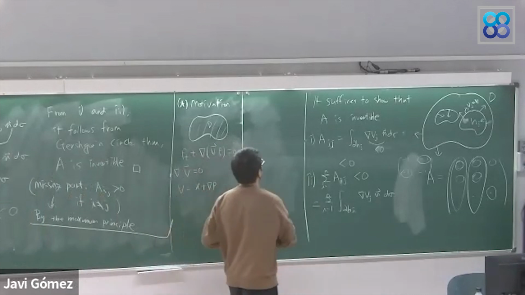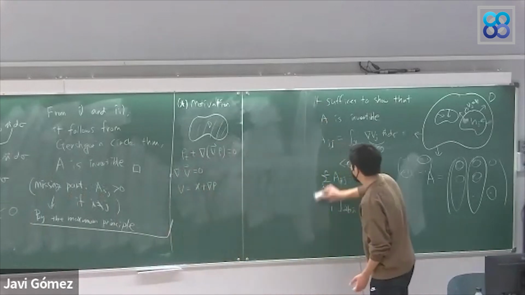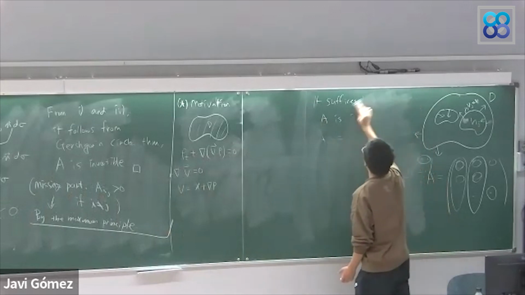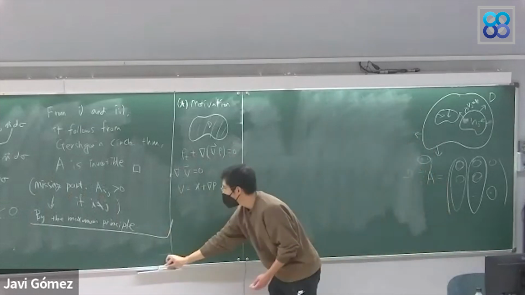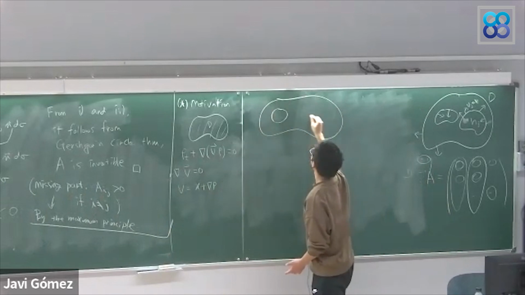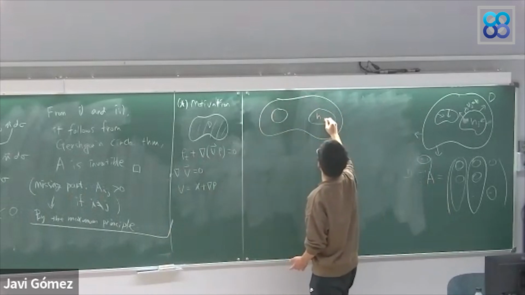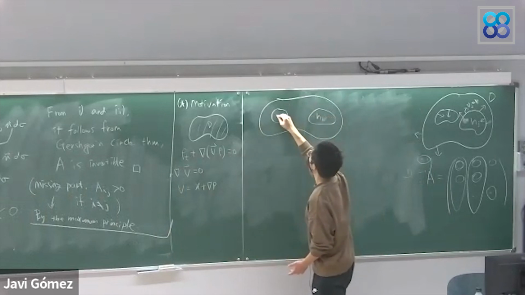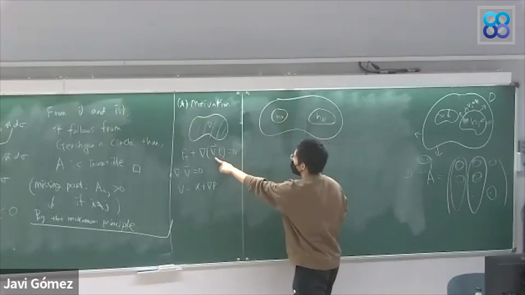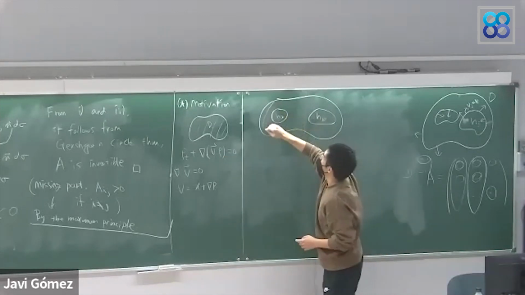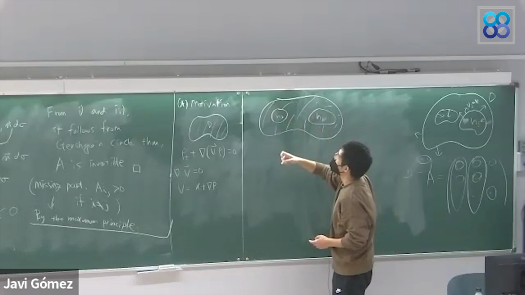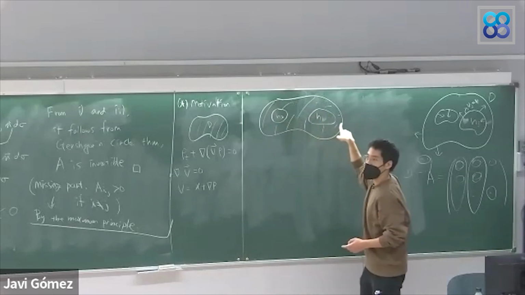But for the non-simply connected set, with holes H1, H2, we are going to use a field V that preserves the area of the patch, but also preserves the area of the holes as well.